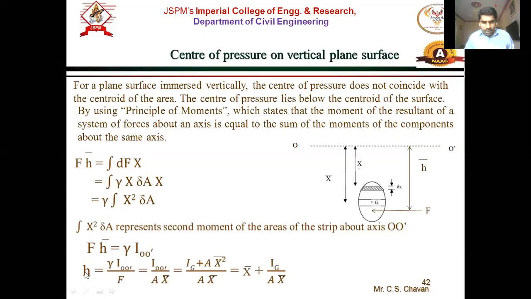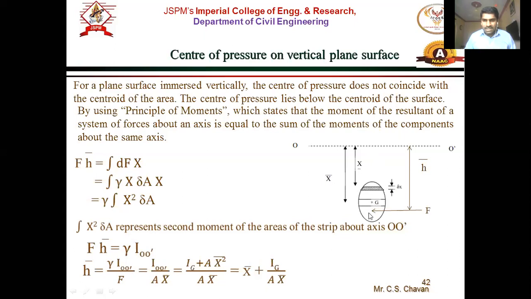Now to find h bar, what we have to see here. To find h bar, first of all we have to see what is x bar. X bar is nothing but the depth of the centroid of the surface from the free liquid surface, that is x bar. Then the second thing, Ig, is the moment of inertia about G, the centroid.